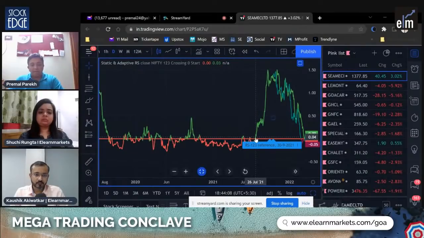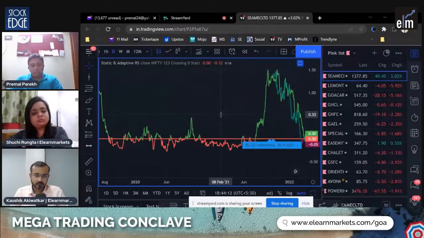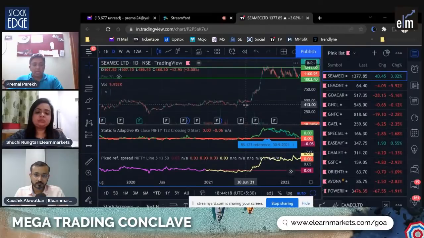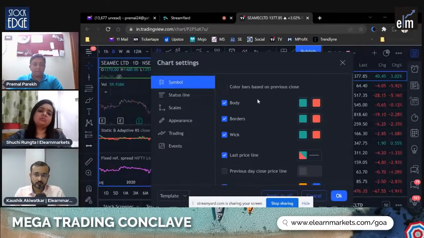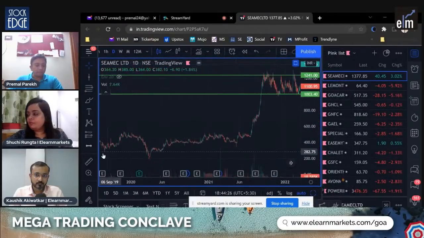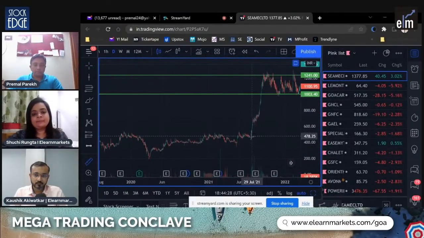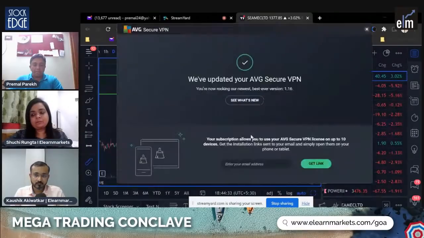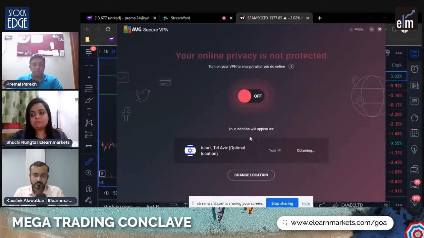Suddenly here after 29 July, it has turned RS positive, and it still is coming near the zero line, but still not RS negative. And as you can see from here at this point, 22nd July, I will take an approximate date which is a little plus or minus.